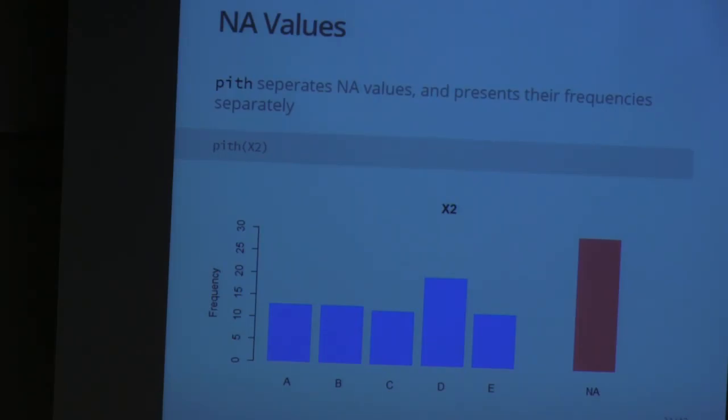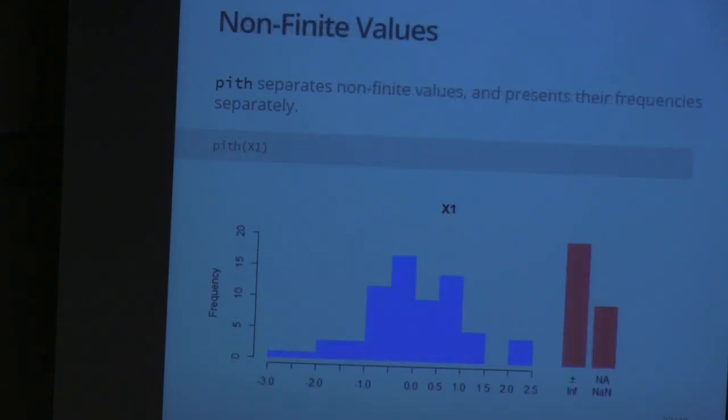I get a frequency plot of the non-missing values, and I get a bar for the missing. And the bar is separated out on the right, and it's a different color. So if I'm just glancing at this, I go, hey, there's missing data there, which is often a useful thing to know. Same thing happens with my numeric vector with oddball values.